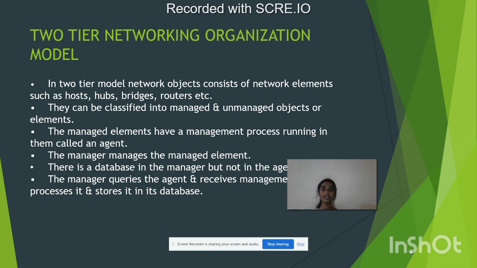The managed elements have the management process running in them, called an agent. The manager manages the managed elements, and there is a database in the manager but not in the agent. The manager inquires the agent, receives the management data, processes it and stores it in its database.